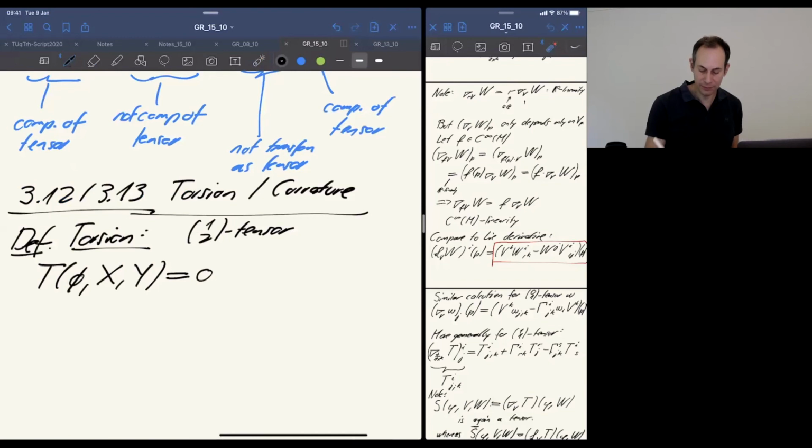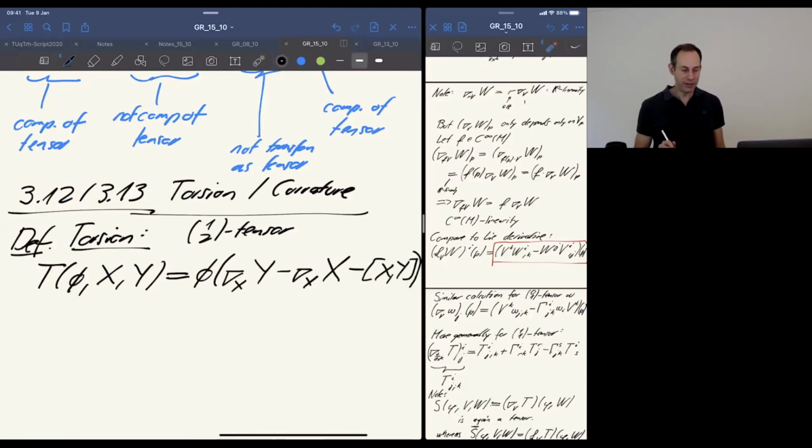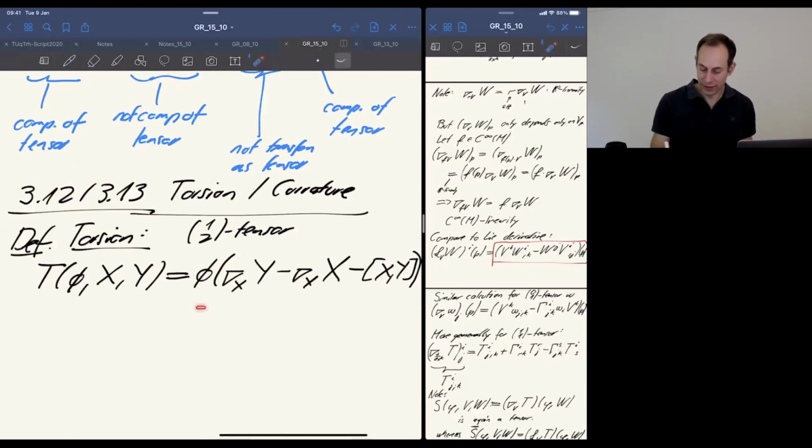And what it does, it applies the covector to a vector, namely to the vector that you obtain by taking the covariant derivative of the vector field Y along X minus the opposite, the covariant derivative of X along Y. And then you also subtract from this the Lie bracket. Okay, this sounds quite complicated, but we will verify next time, and it's actually very easy to verify that this is indeed a well-defined tensor.